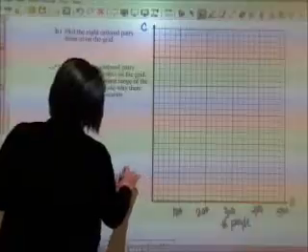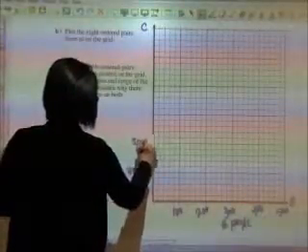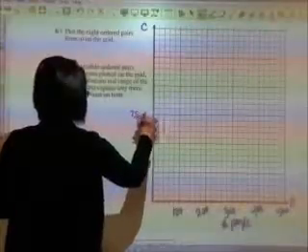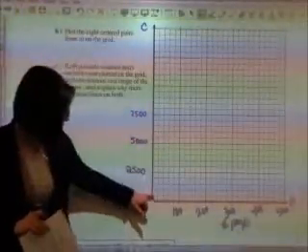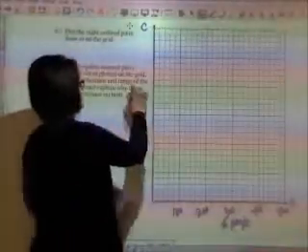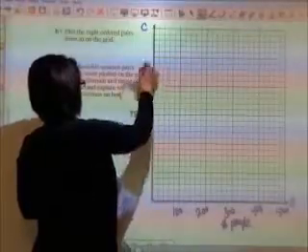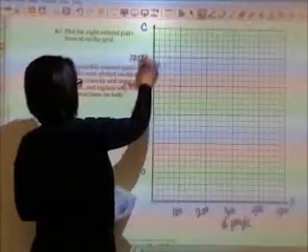So I picked a scale of 2,500. A scale of 2,500 means each of these would be 500, so it's easy to count. Then I've got 10,000 and 12,500.